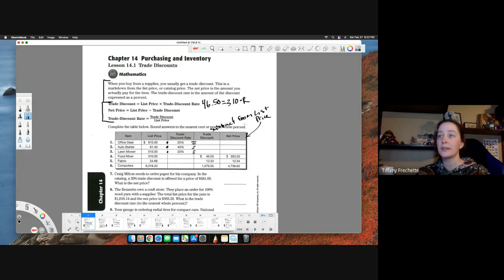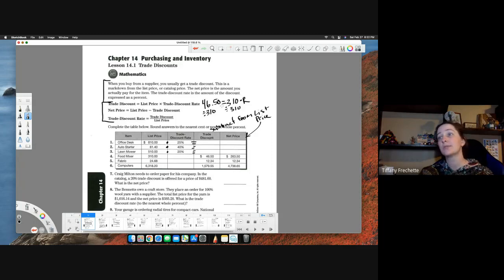Well, we don't know what that is, so I'm just going to say it's R. So instead of multiplying these 2, I'm going to need to divide so that I know what this answer is. Oops, I transposed my numbers there. So I'm going to divide, and that'll tell me what the discount is here.